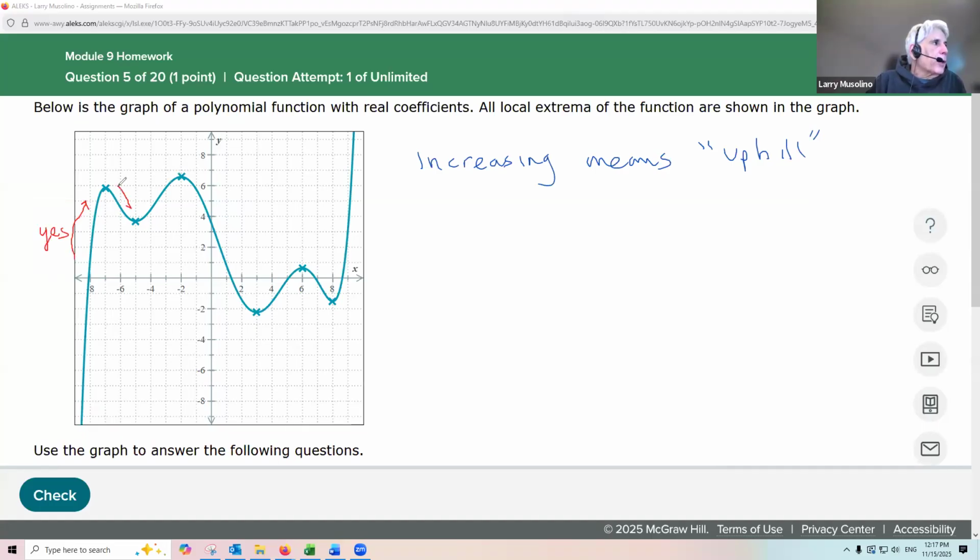Here, the graph turns to go downhill, so I'm not going to include that interval. Here, the graph is going uphill. Here, the graph is going downhill. Here's an uphill, downhill, uphill. So decreasing means the graph is going downhill, but increasing means uphill. So they're asking us for uphill.